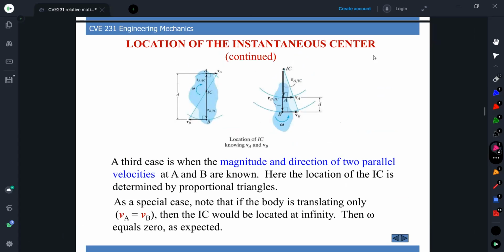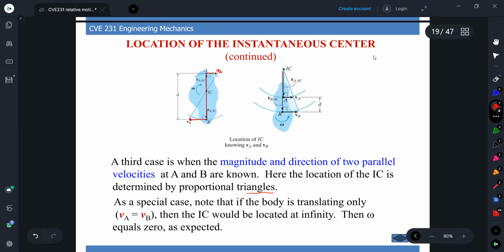The third case is when the magnitudes and directions of two parallel velocities are known. We have two velocities, VB parallel to VA, and we know their magnitudes. The location of IC is determined by proportional triangles.